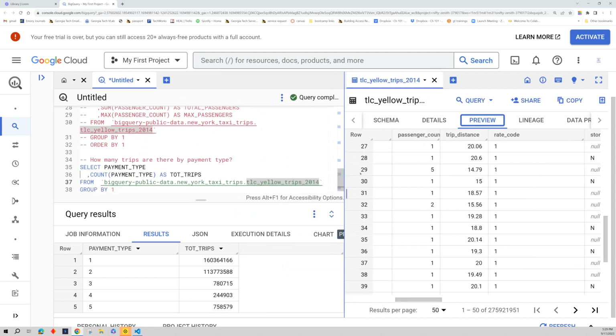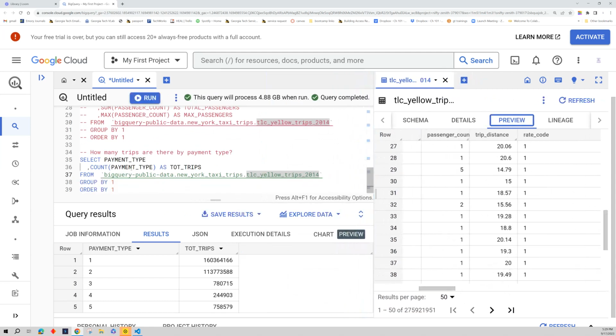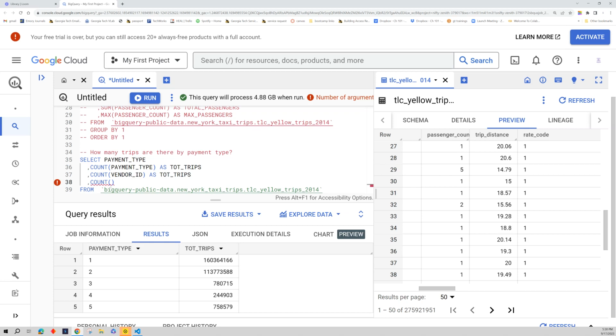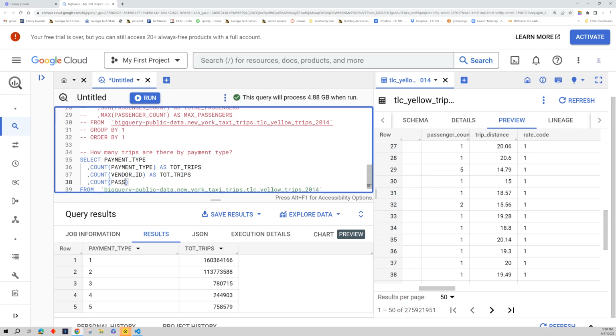So when you're doing the count, you're not really limited to say count by payment type. I could also do count vendor ID. I could also do count passenger, because when you're counting, you're not looking at what the value is. You're just looking, is there a value there? And these should all be the same unless I'm missing a value somewhere.